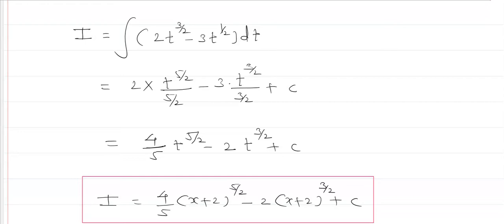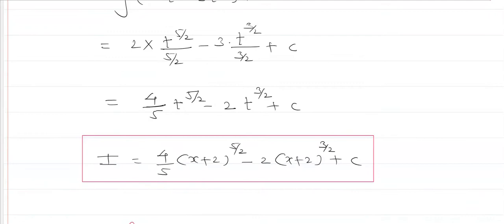And again here this 3 gets cancelled, multiplied and reciprocal, that will become 2 upon 3. That 3 gets cancelled. You will get minus 2 t raised to 3 by 2 plus c. And that is our final answer. That is I is equal to 4 by 5 (x plus 2) raised to 5 by 2 minus 2 (x plus 2) raised to 3 by 2 plus c.